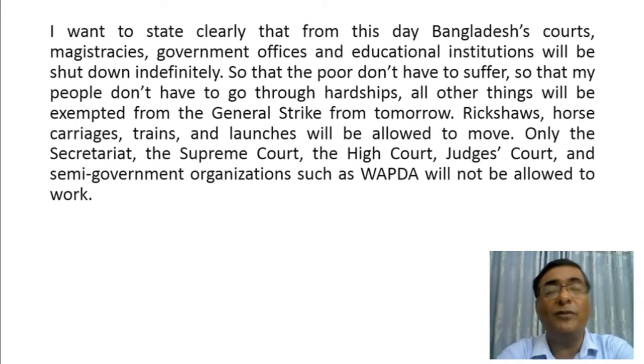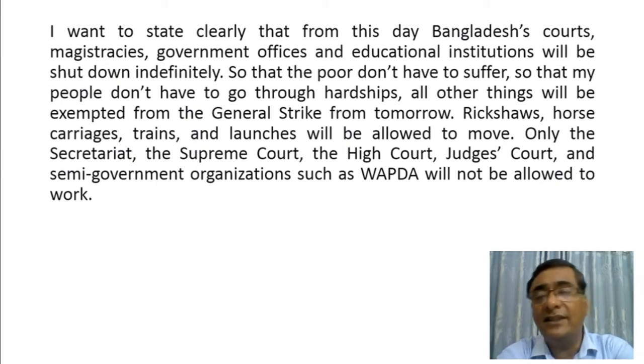So Bangabandhu allowed other vehicles on which the poor people were based for their livelihood, like, in the next sentence you will see, rickshaws, horse carriages, trains and launches will be allowed to move.